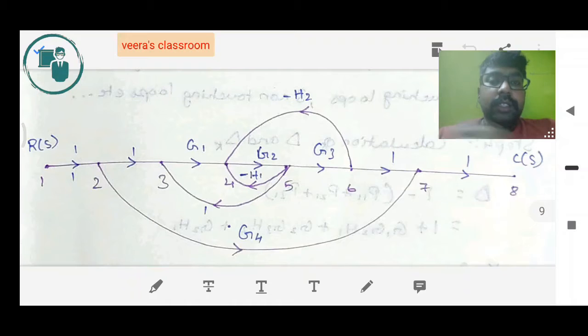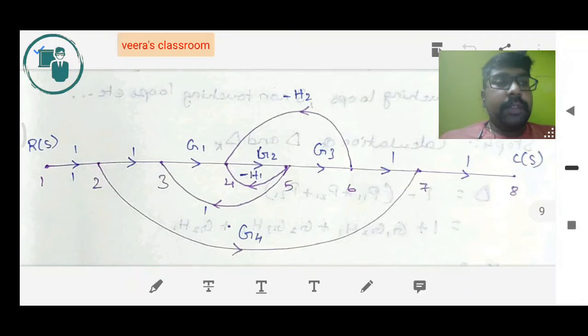The block between nodes 3 and 4 is G1, 4 to 5 is G2, 5 to 6 is G3, and we have a feedback element from 6 to 4, that is minus H2, 5 to 4 is minus H1, 5 to 3 is 1, and we have a forward path from 2 to 7, that is G4.